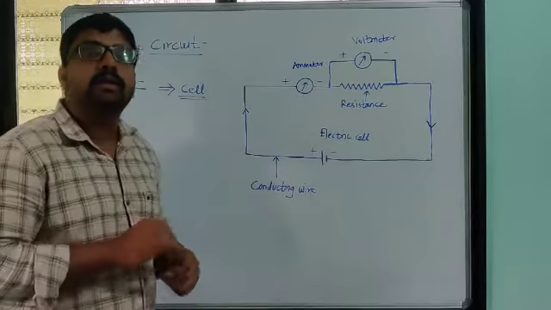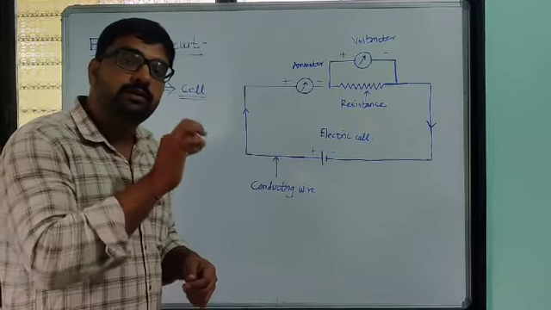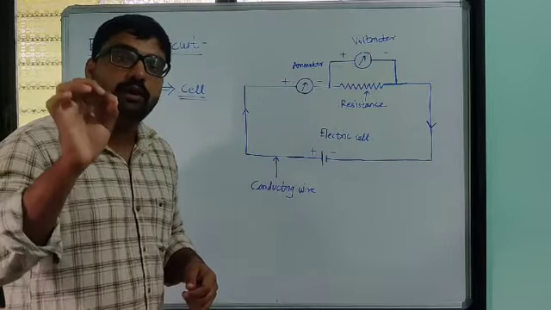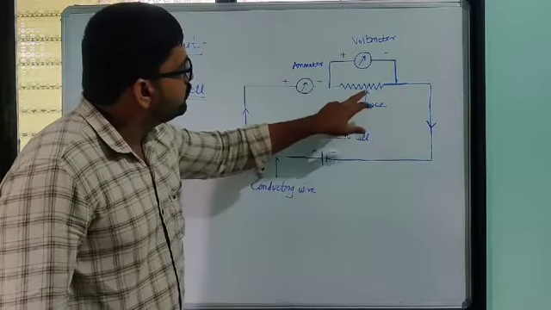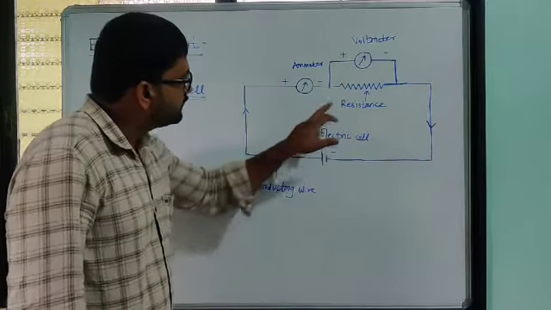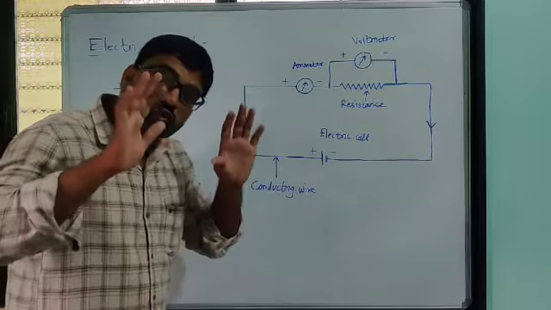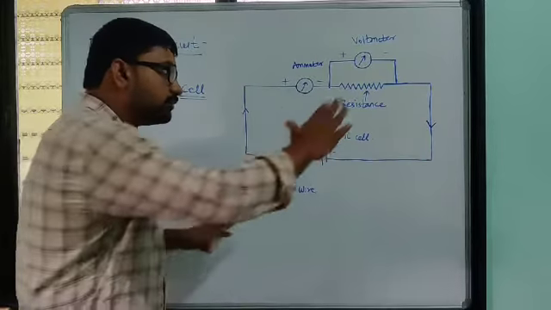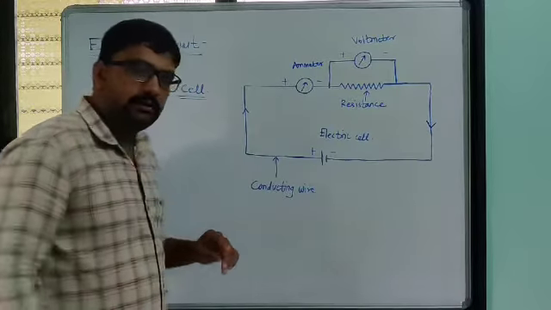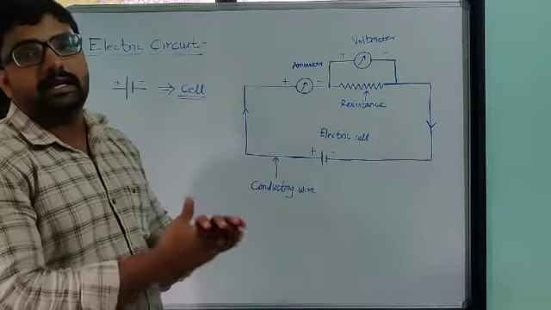A voltmeter measures the potential difference between two terminals of a conducting path. The resistance has the function to resist the flow of electric current. It will slow down the flow of electric current.